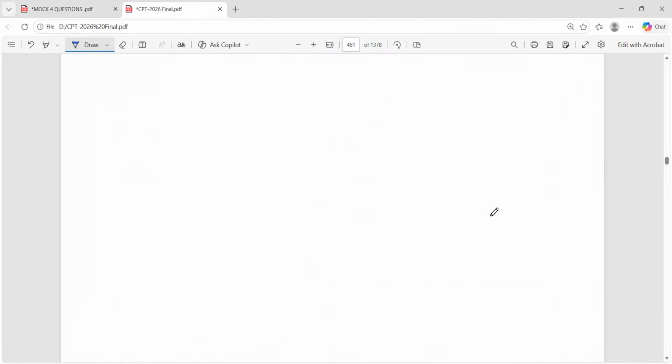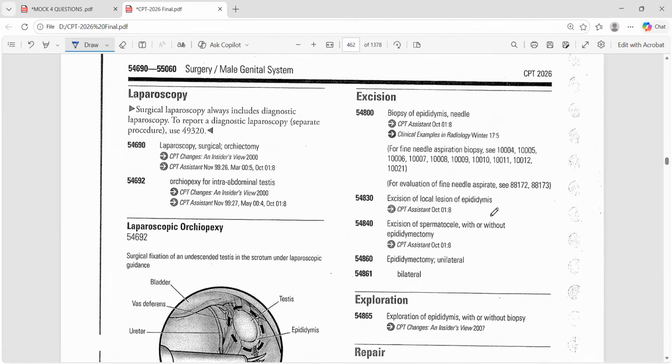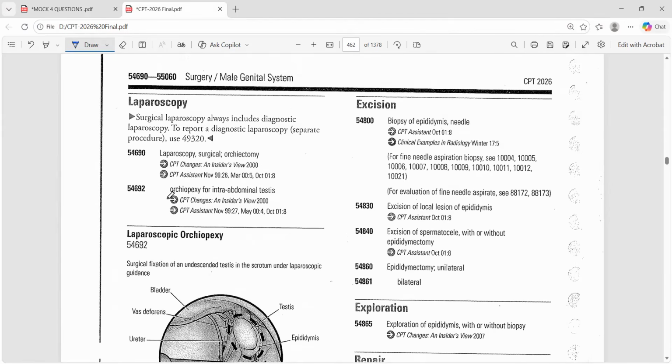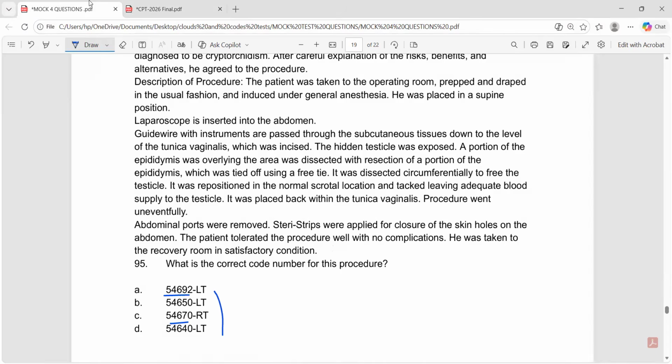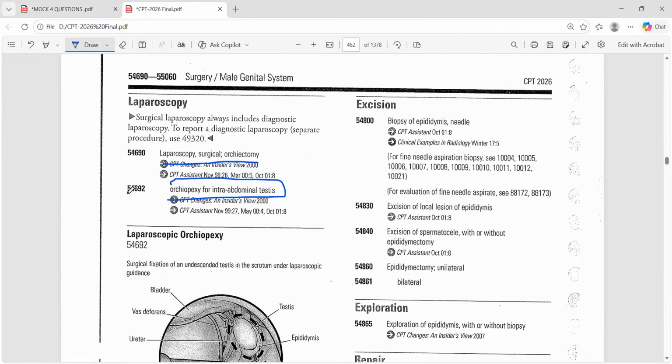Orchiopexy, right? 54692 is laparoscopic surgical orchiopexy for intra-abdominal testis.